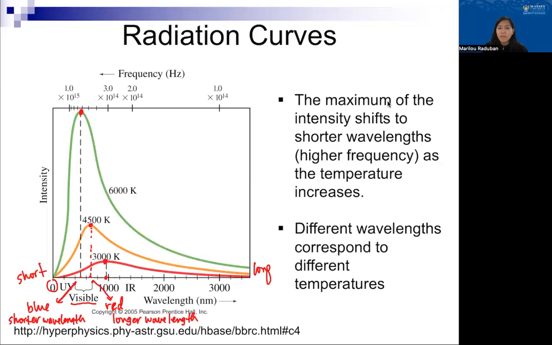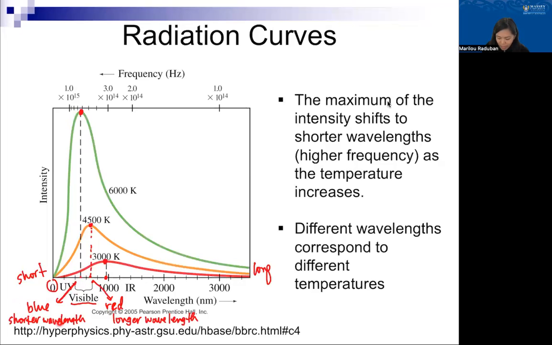Okay, so maybe you've heard the saying that blue flame is hotter compared to red flame. And this is the reason behind that observation. Maybe you've heard that, or you've read that, or maybe you know that blue flame is hotter than red flame, and this is the whole reason behind that observation.